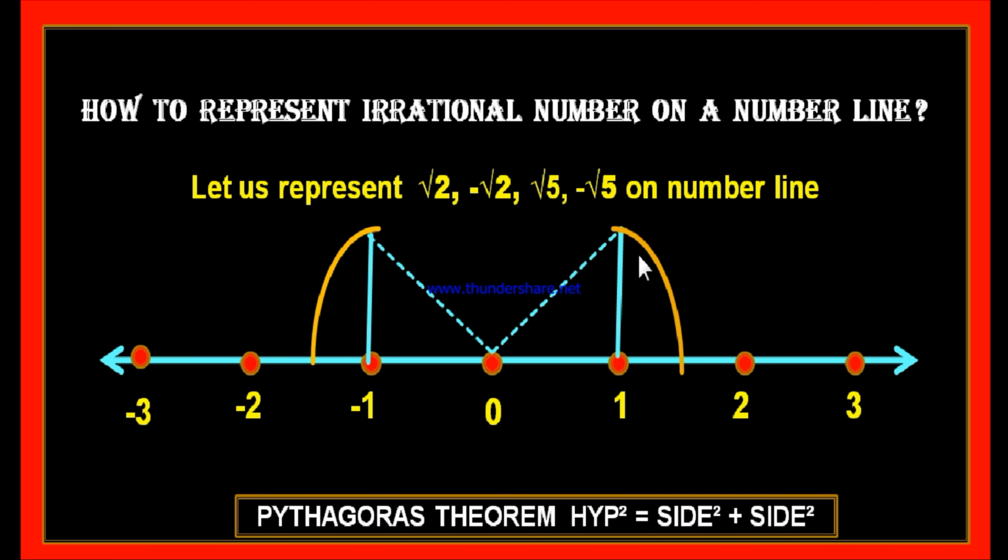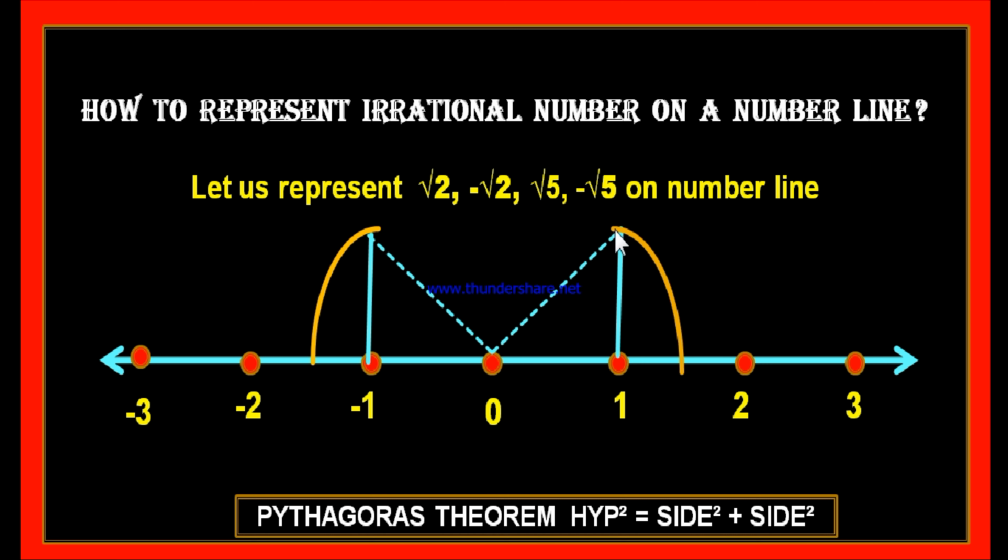This arc may cut the number line at a particular point. Similarly, on this side also, you keep the pointer of the compass at 0 and stretch the compass up to this point and draw an arc like this. This arc may cut the number line on the negative side also.